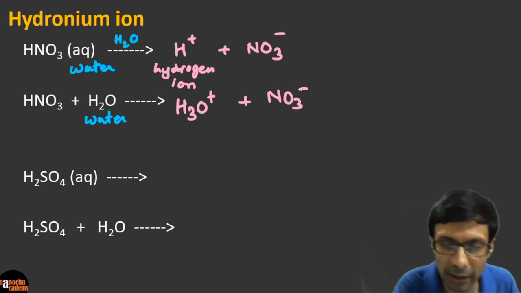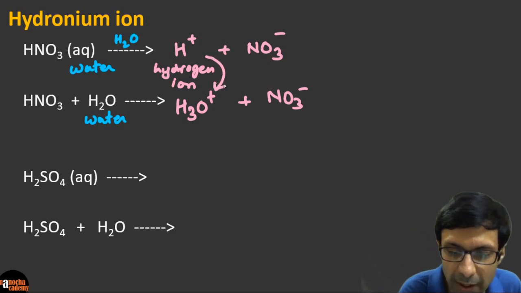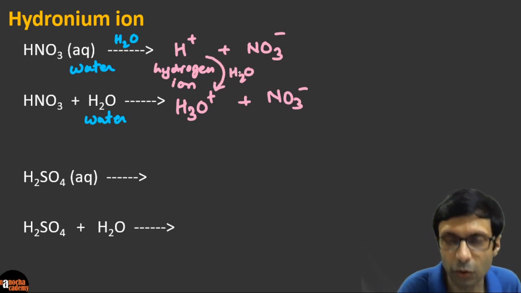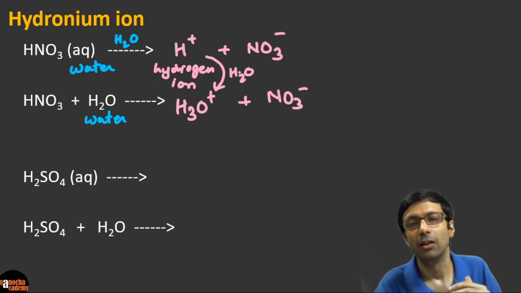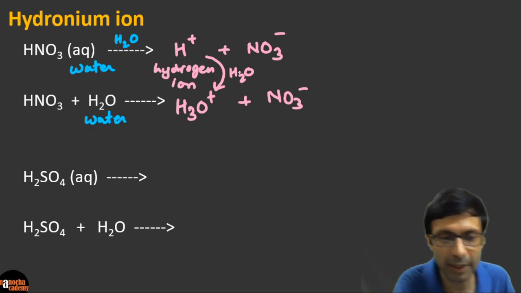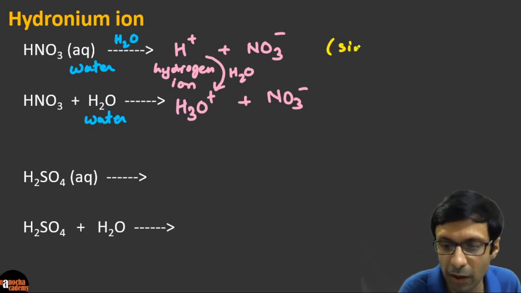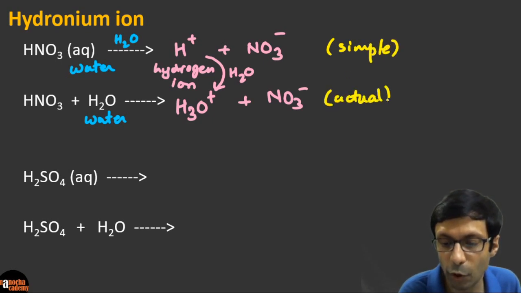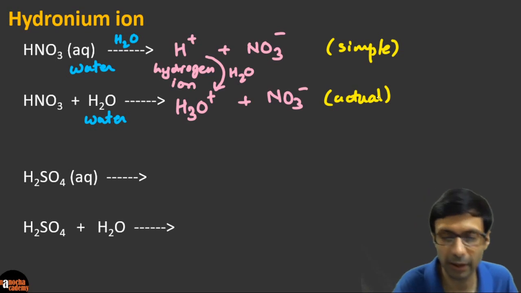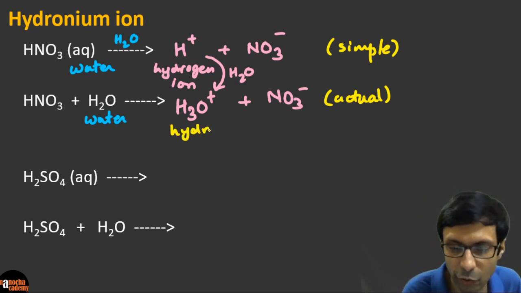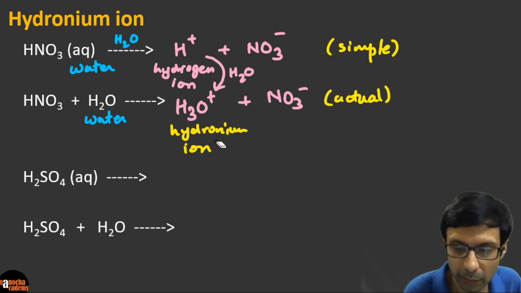The only difference is we've added water for this guy. Can you see that? So it's pretty much the same equation. The first is the simplified form as we discussed. So this is the simplified version and this is the actual form. Okay. And if you're being taught the hydronium ion, please write it in this form, right? This is our hydronium ion. Now guys, try the next one for sulfuric acid. Okay.